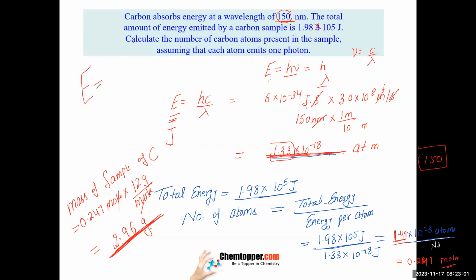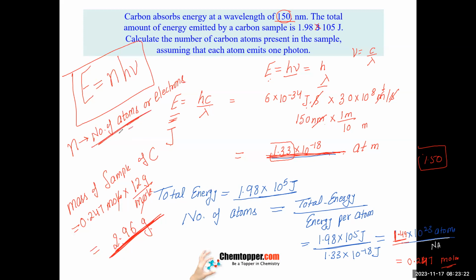E is equal to n h v. Please write down this equation. What is n here? It is the number of atoms or electrons. Number, not the moles, number.